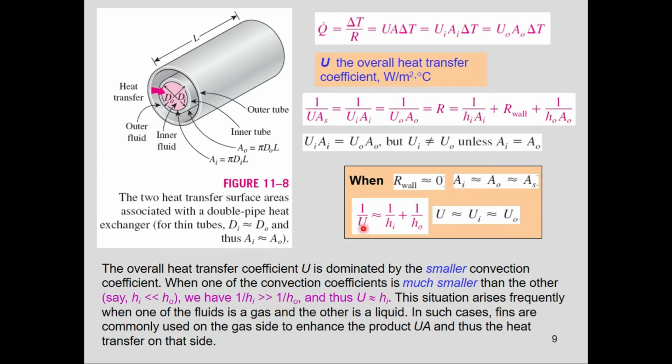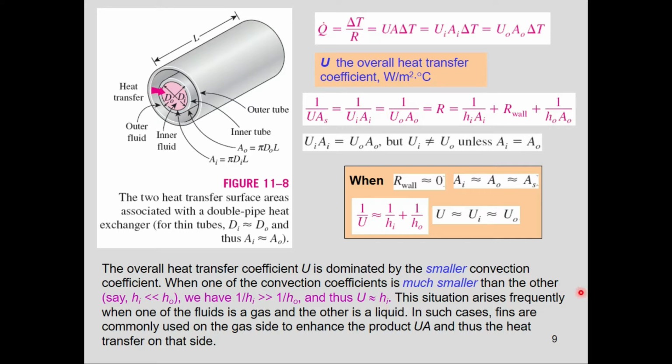Ultimately U will be dominated by the convection coefficient which is very small, so U will be nearly equal to h_i, the smaller one. When we solve it, this overall heat transfer coefficient will be dominated by the inner convection coefficient. This situation arises frequently when one of the fluids is a gas and the other fluid is a liquid.